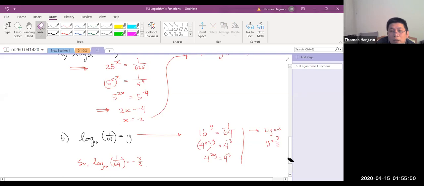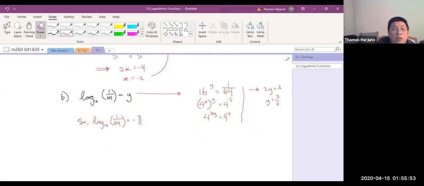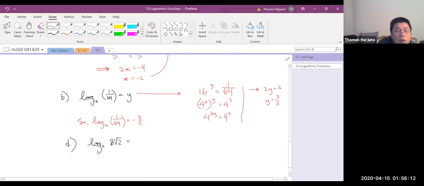Okay, now finally the last one. Part D, log base 2 of 8 radical 2. Let me call that K for now. Therefore, 2 to the K equals 8 times square root of 2. 2 to the K is 2 cubed times 2 to the 1 half.